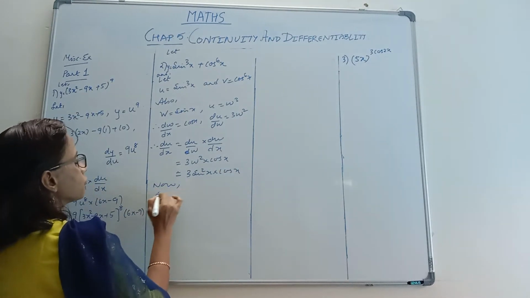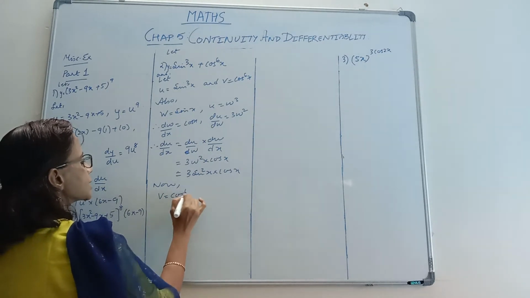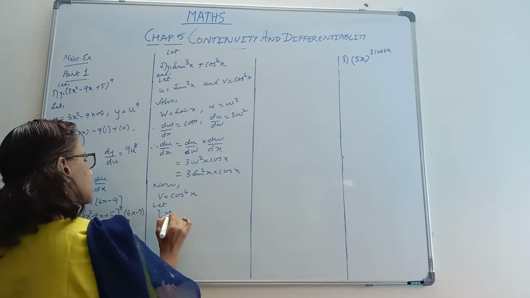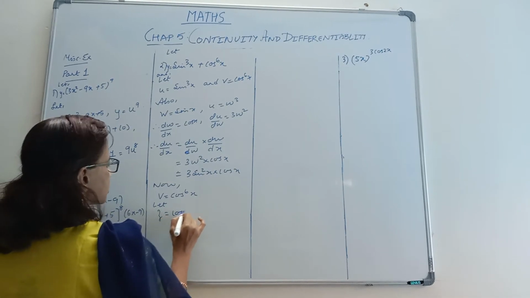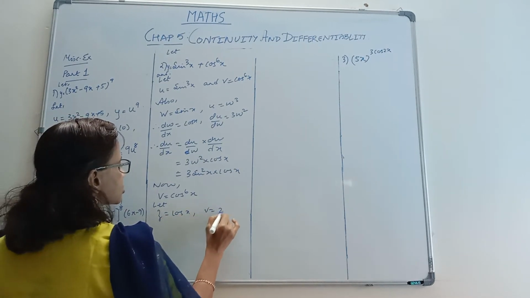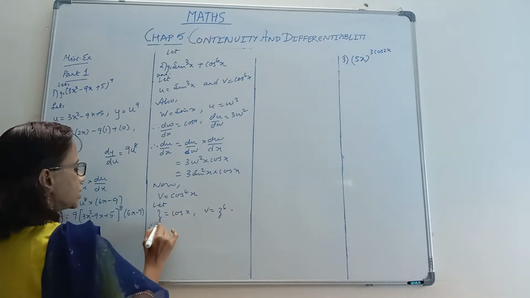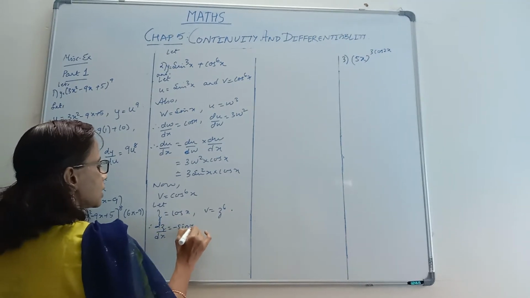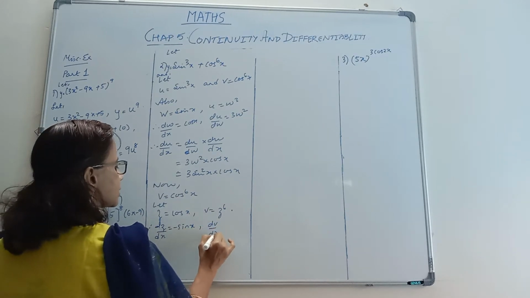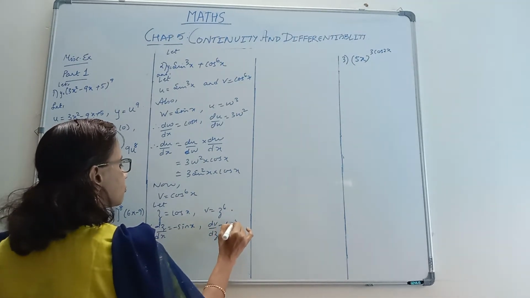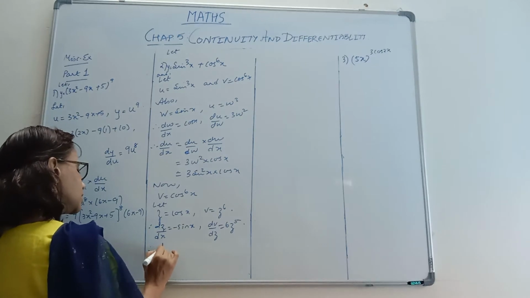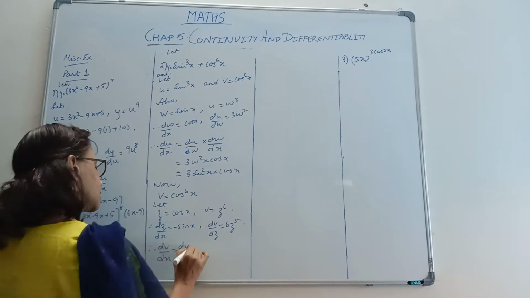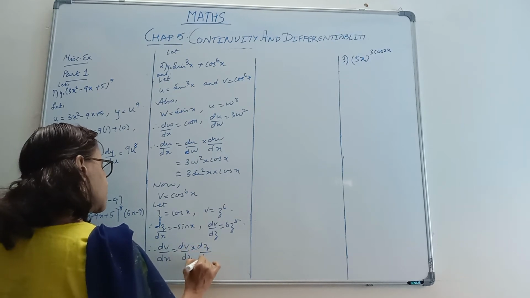Now, if v is cos raised to 6x, let z be, say, cos x, then v will be z raised to 6. So you have dz by dx, the derivative of cos x, that's minus sin x, and dv by dz is 6z raised to 5. We try to get dv by dx. It is dv by dz into dz by dx.